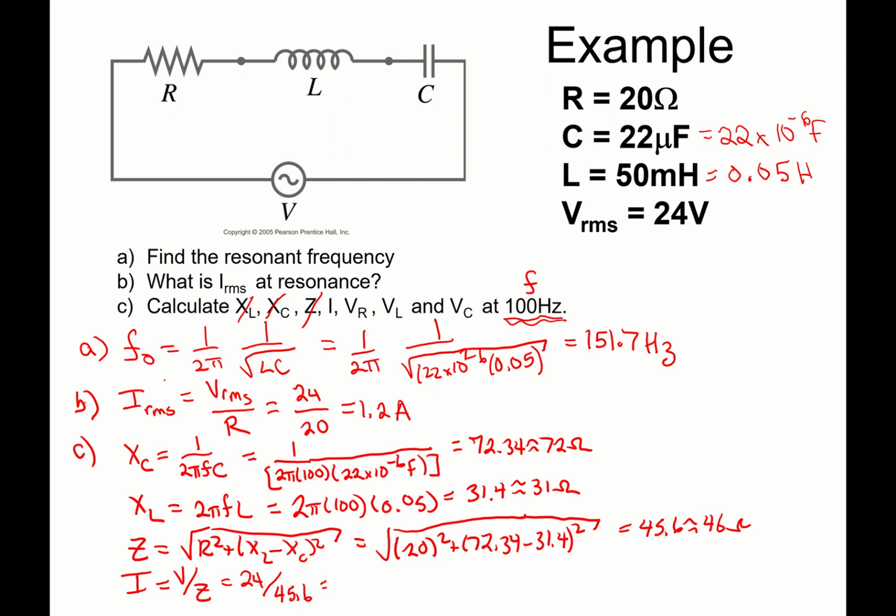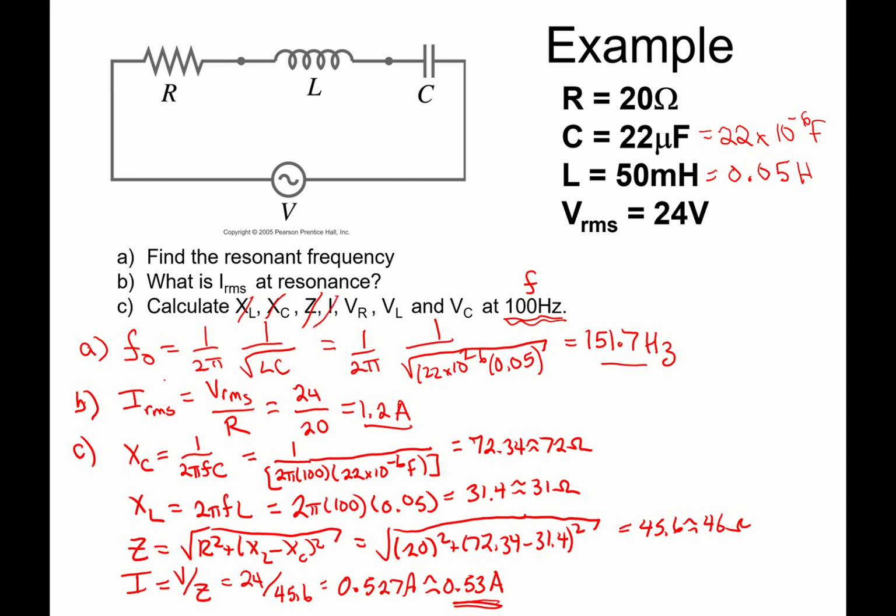So I get a current of 0.527 amps, so about 0.53 amps. So you can see here, at the resonance frequency, which was 151 hertz, my current was 1.2, and now I've moved down to 100 hertz, and my current has dropped all the way down to 0.53.